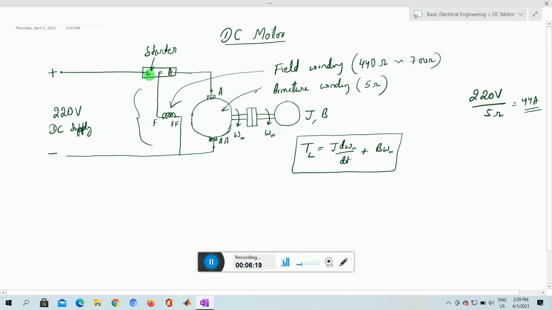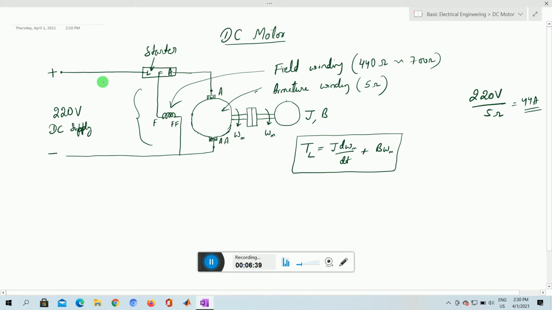The purpose of this starter is to add a very high resistance in series with the armature at the initial time, while the armature resistance of 5 ohms remains throughout the running duration also.